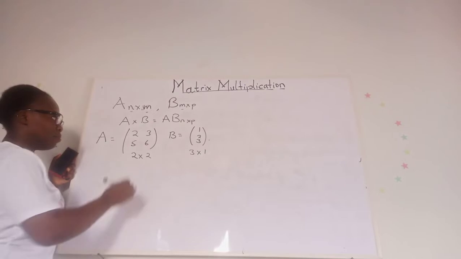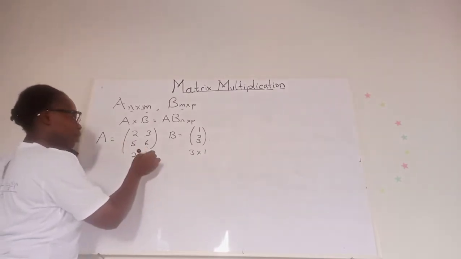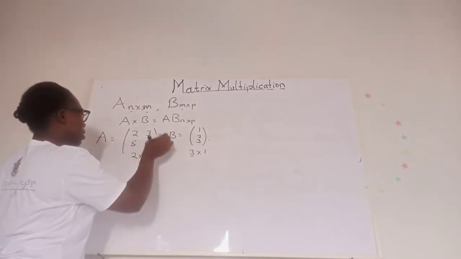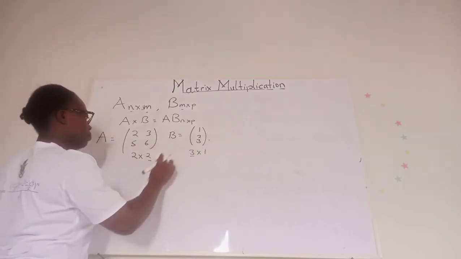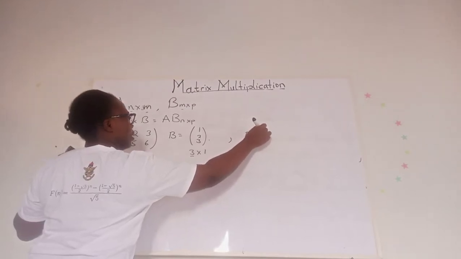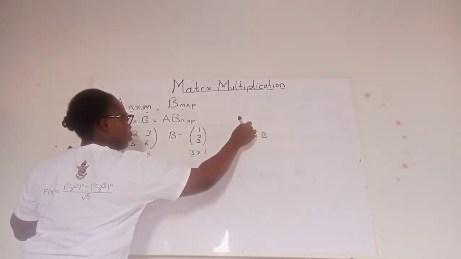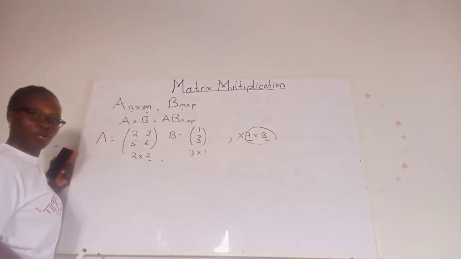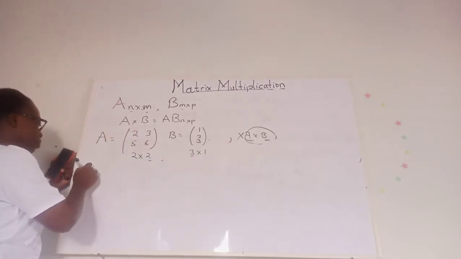So let's check. How many columns do we have here? 2. How many rows? 3. So you realize that for this matrix, it is impossible to have A times B. This is not possible. You can't do this because they are not equal.